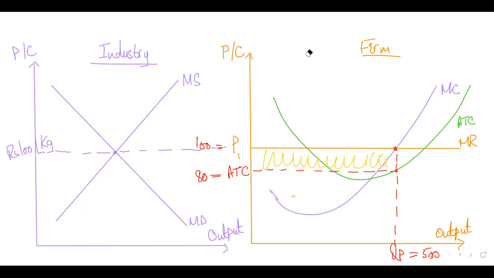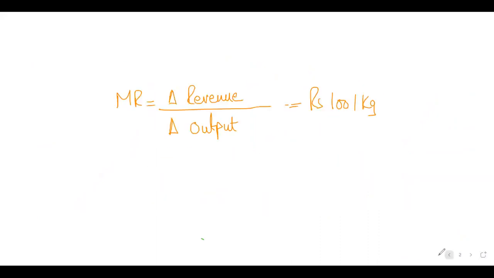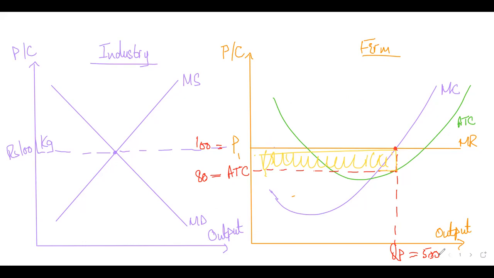So your per unit profit was 20 and your total profit is the area of this rectangle. We good? Anything not clear? Can we move on? Preet, do you have a question?